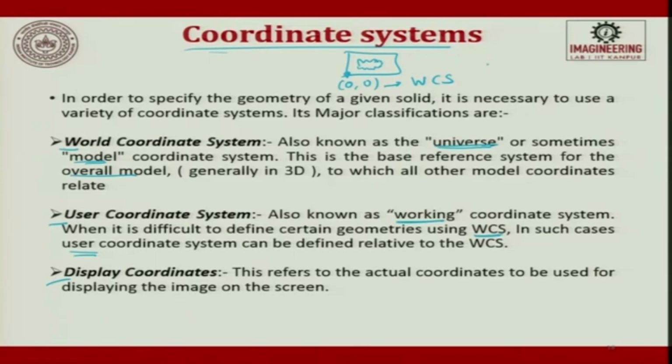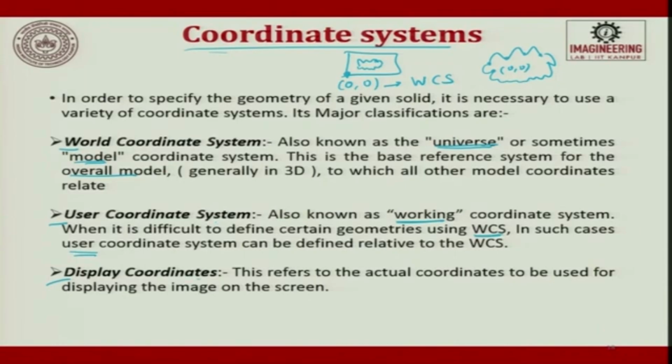It becomes very difficult for me to always refer to the world coordinate system and transform these points. So it is easier to shift my world coordinate system into a user coordinate system and make this point 0 0. Then it becomes easy for me to define the entire CAD. That is nothing but the user coordinate system.